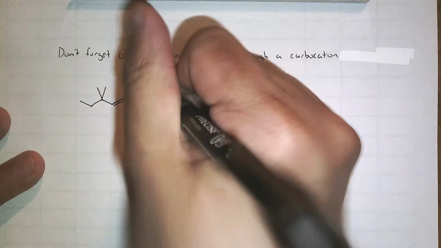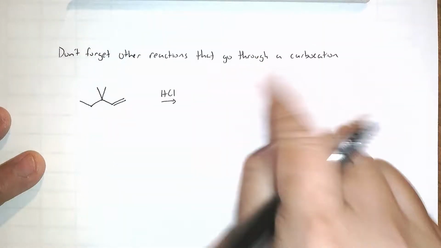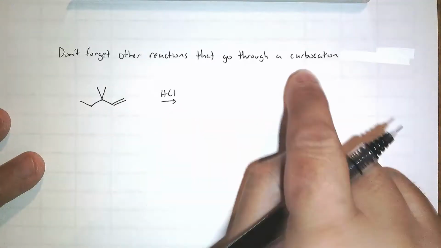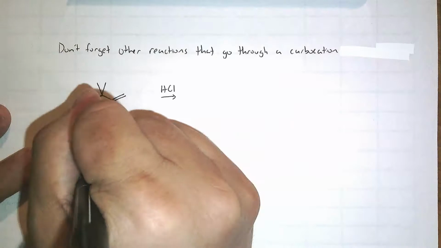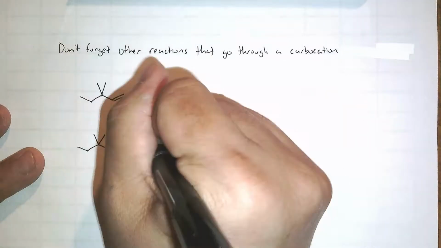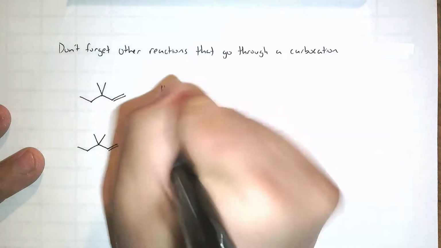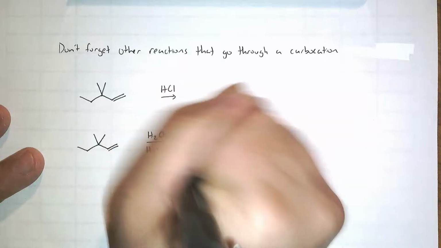So in this case, HCl. HCl is hydrohalogenation, and it does go through a carbocation. But also acid catalyzed hydration, and many times they draw the reagents like this, H2SO4.